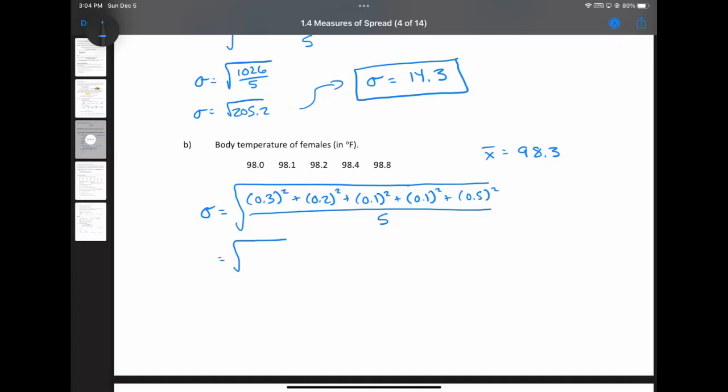Okay, so the squares of everything at the top work out to be 0.4. 0.4 divided by 5, 0.08. And then the square root of that is going to be 0.28. And at some point we're going to have to round off. I think keeping one more decimal place is enough. So I'll say 0.283.